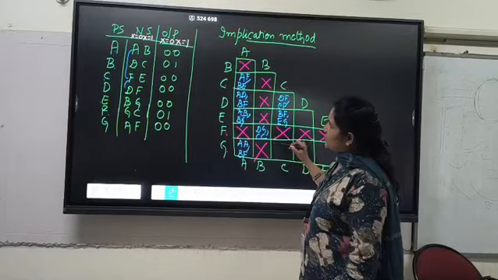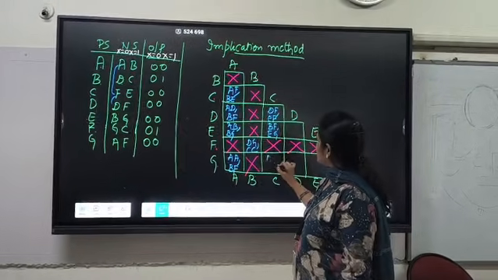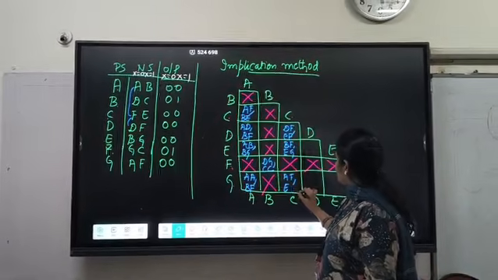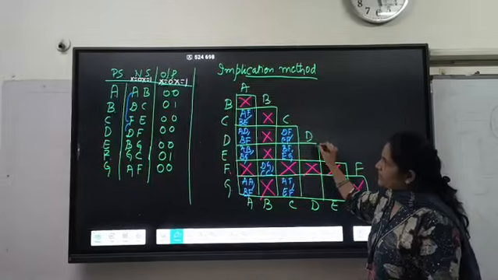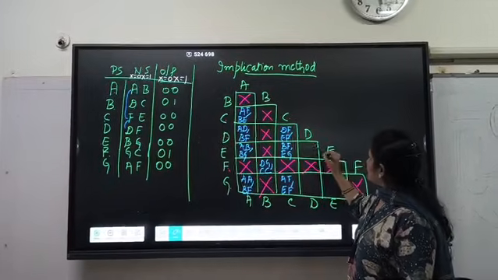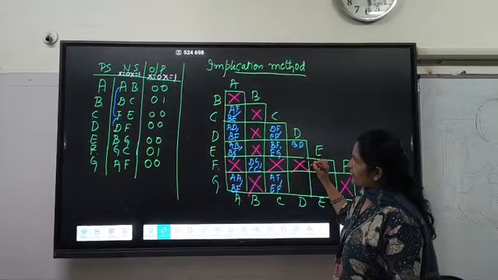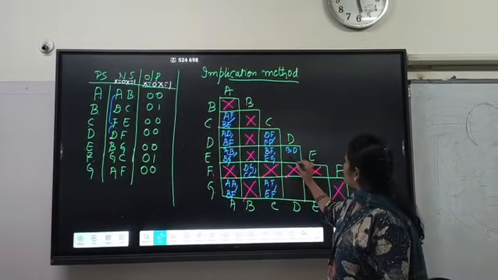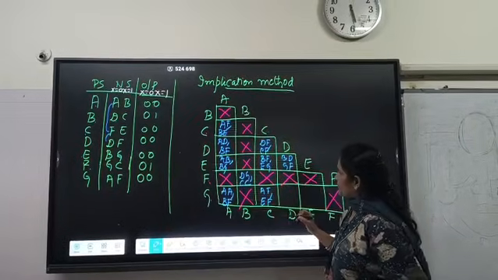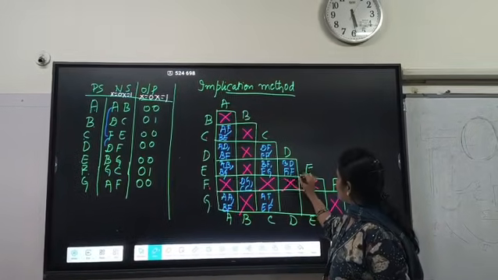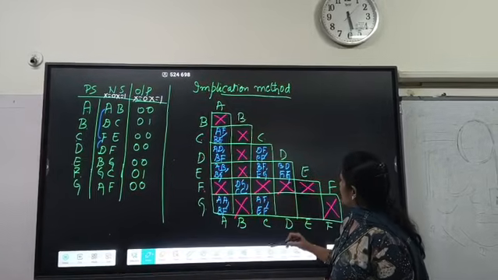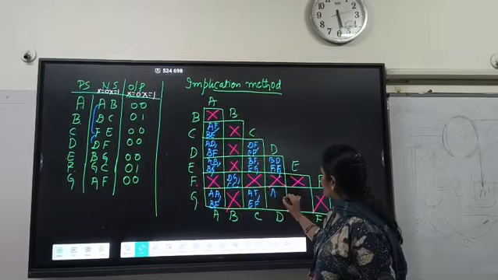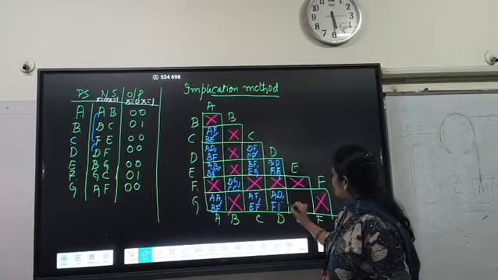Next, C to G is AF and EF. Next, from D to E, it is BD and FG. Next, D to G is AD and FF.